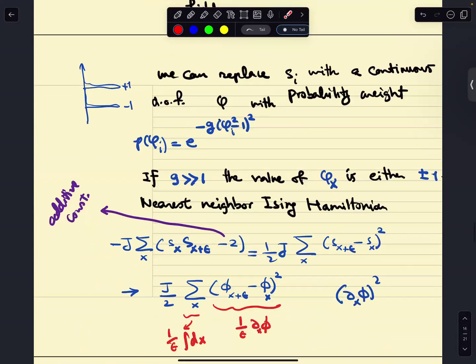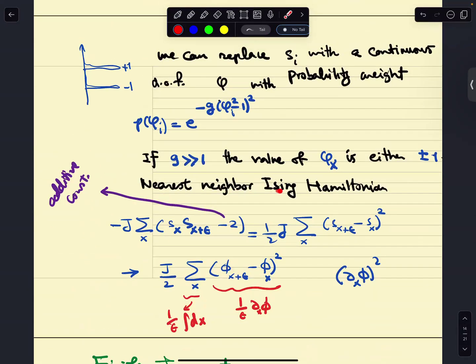The advantage of this is that now if you take your nearest neighbor Ising model, which was a sum over x of s of x times s of x plus epsilon, where epsilon is the lattice cutoff, and just by hand subtract a constant term from the Hamiltonian, in classical physics nothing changes. You could repackage that as a square of s of x plus epsilon minus s of x.